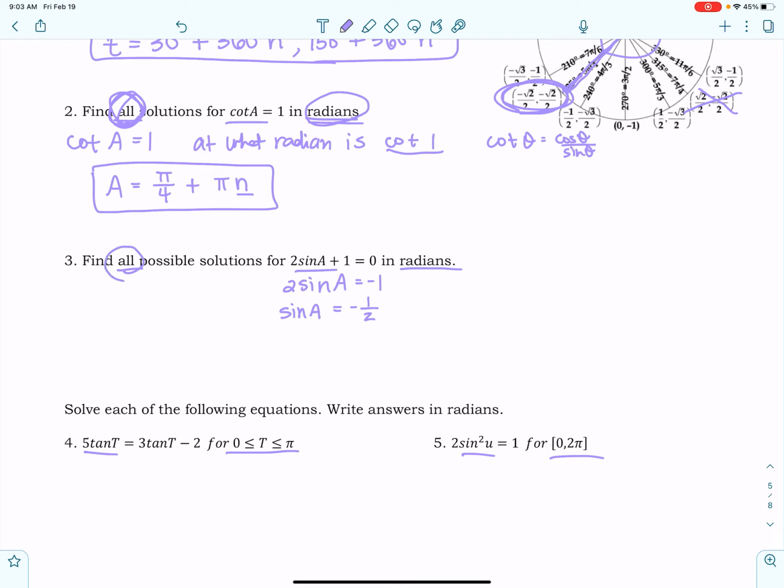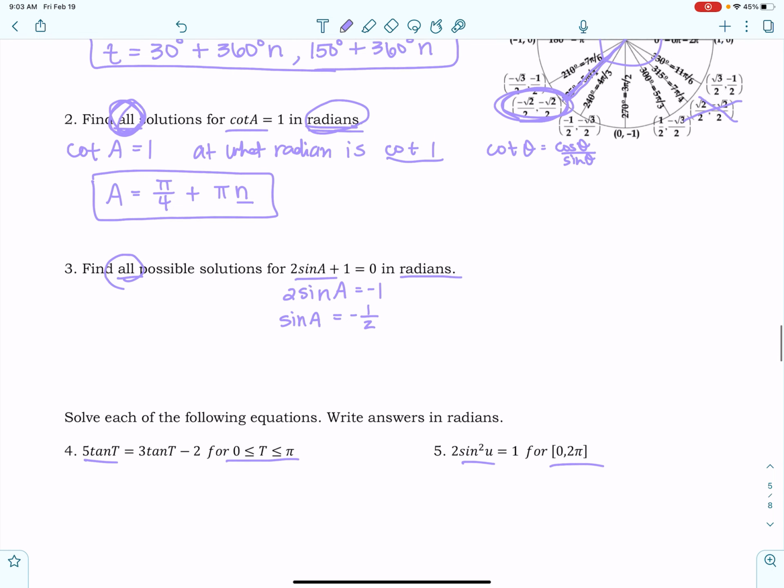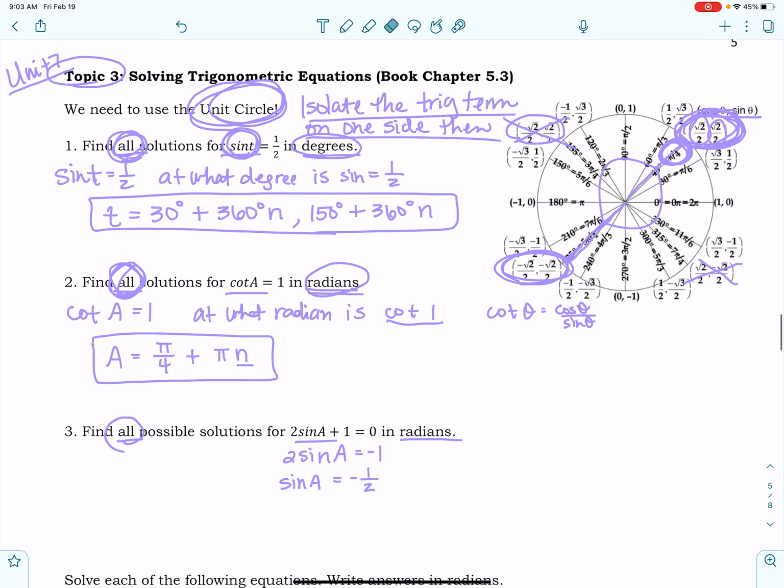So I need to look at my unit circle and figure out what radian measures have sine A as -1/2. So I'm going to go to my unit circle and erase all this. On my unit circle, sine is -1/2 right here, and it also occurs right here. If I'm measuring in the positive direction, that's going to be 7 pi over 6 and 11 pi over 6.